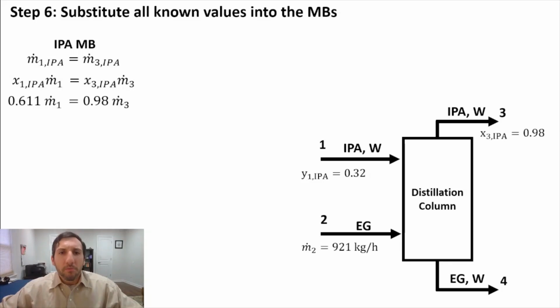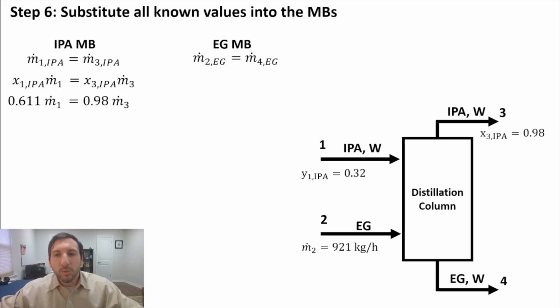Now, I don't have enough information. I've got one equation and two unknowns, so I don't have enough information to solve this material balance or solve for any unknowns. So we're going to move on to another material balance. We've got ethylene glycol: M2 dot ethylene glycol equals M4 dot ethylene glycol.